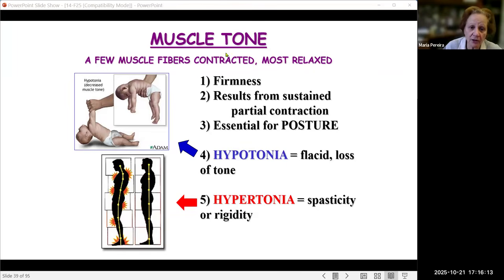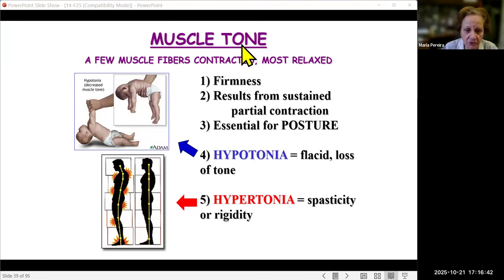And this allows for the development of a muscle tone. Like in the neck. I'm not moving the neck, but for my neck not to go back or forward, that means there's always a few muscle fibers in the neck muscles that remain contracted. And that's the tone.